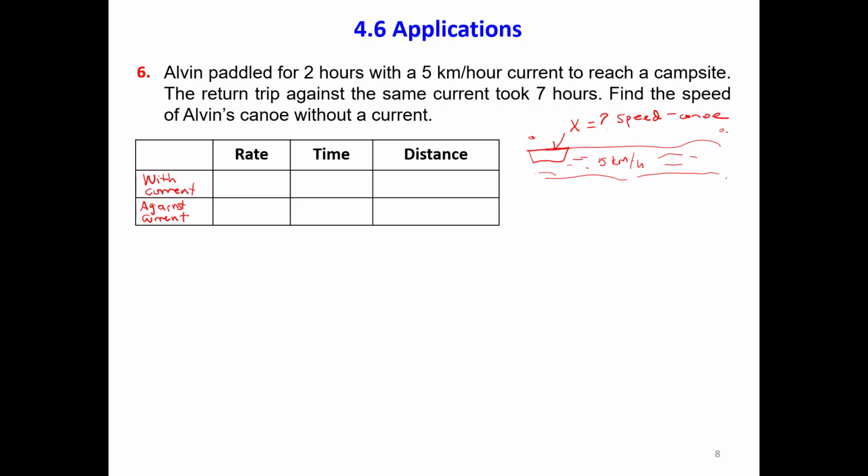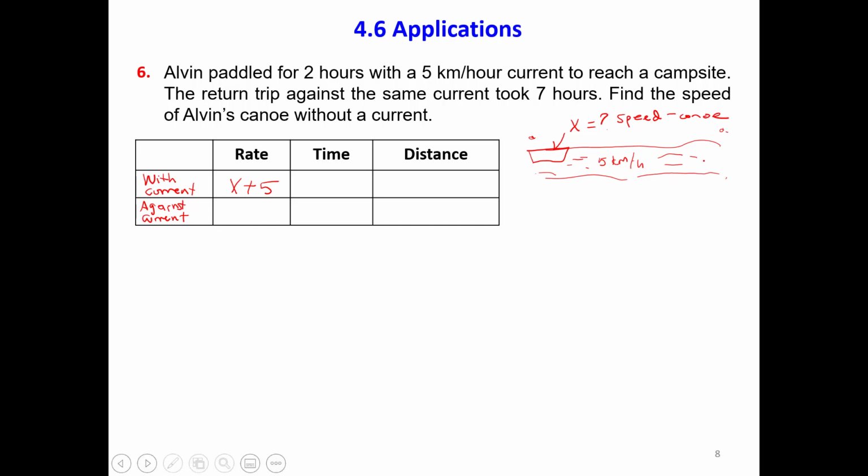Then here, what was the rate? Because he paddled in this direction with the current, the total rate in this direction was x plus the current of the river, x plus 5.